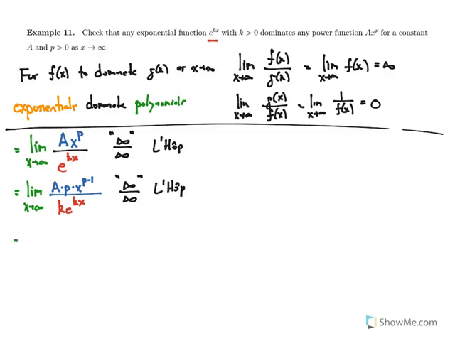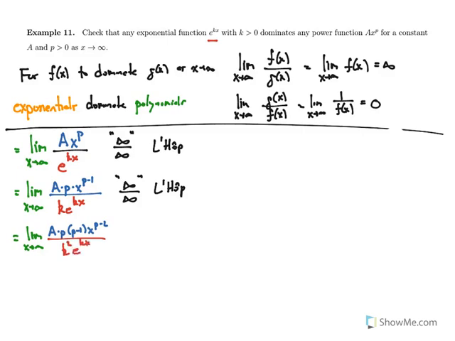We'll do it one more time, and then we'll talk about what's going to happen. If you did it again, you'd get a times p times (p minus 1) x to the p minus 2. p and a are constants, and at the bottom you would get k squared e to the kx.